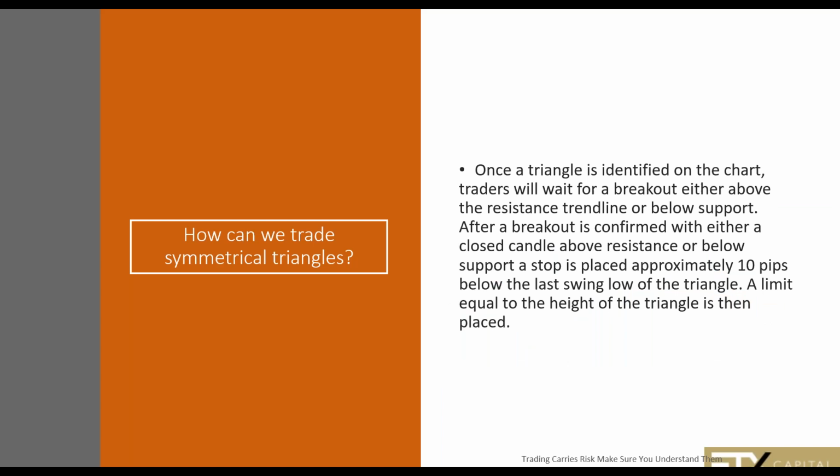Because until we get a breakout, we don't know. Once a triangle is identified on the chart, traders will wait for a breakout either above the resistance line or below the support. After a breakout is confirmed with either a closed candle above resistance or below support, a stop can be placed approximately 10 pips below the last swing low of the triangle. A limit equal to the height of the triangle is then placed.